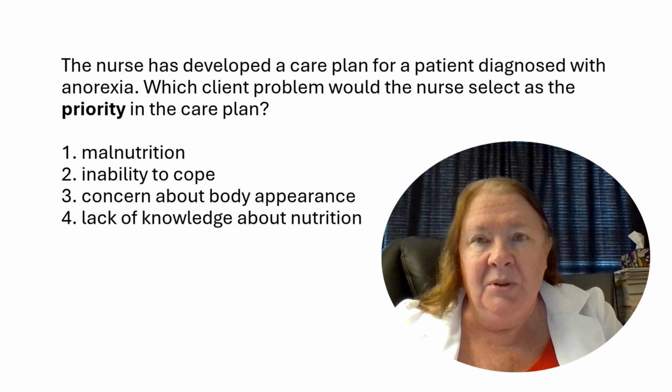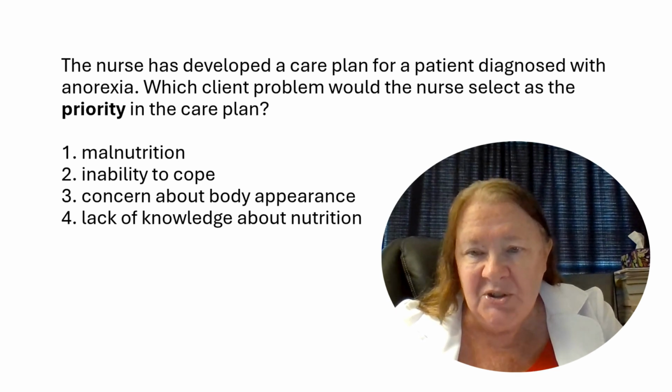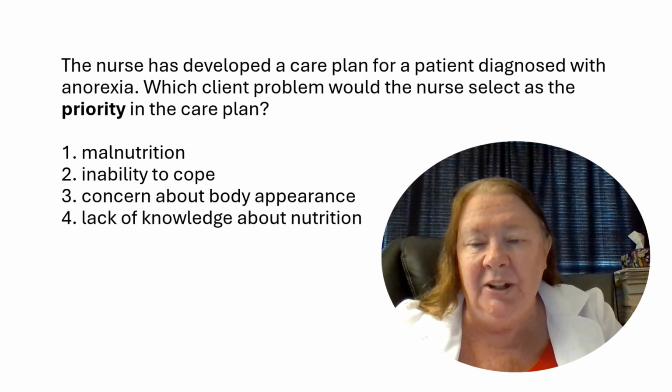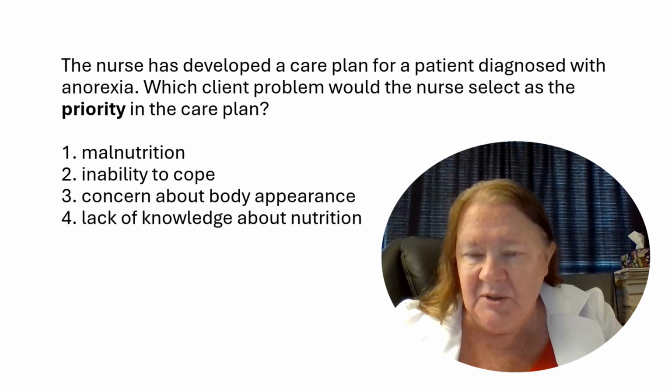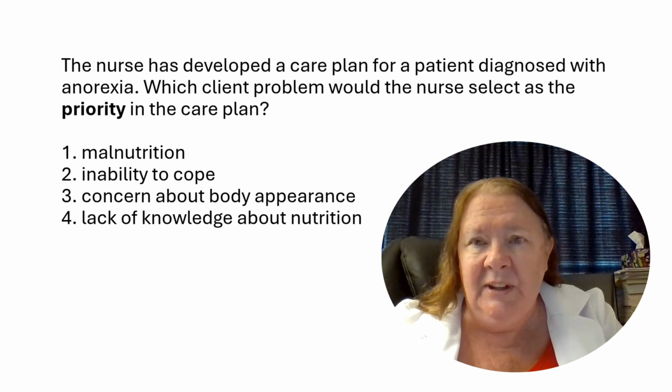This is a person who is eating much less than they should be, so their weight is way, way under what it should be. And there can be serious physical problems with that if that patient doesn't get some help.